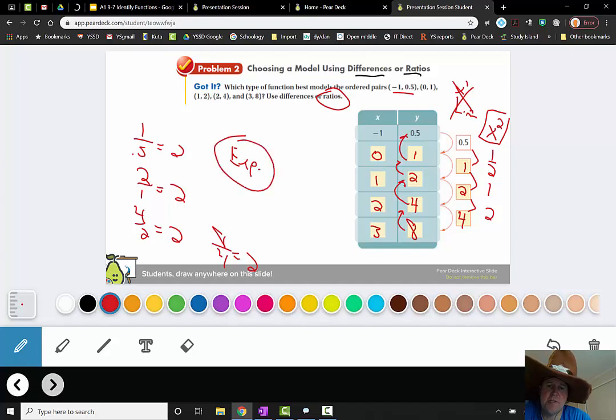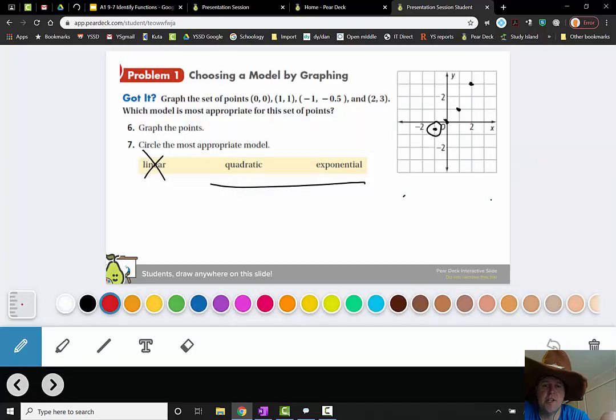So let's go back to the last one. We weren't sure, so let's take a look at our values here. These are out of order, but this change here was 1/2. So linear was out. If I put it in proper order, we had negative 1/2, went to 0, went to 1, went to 3.